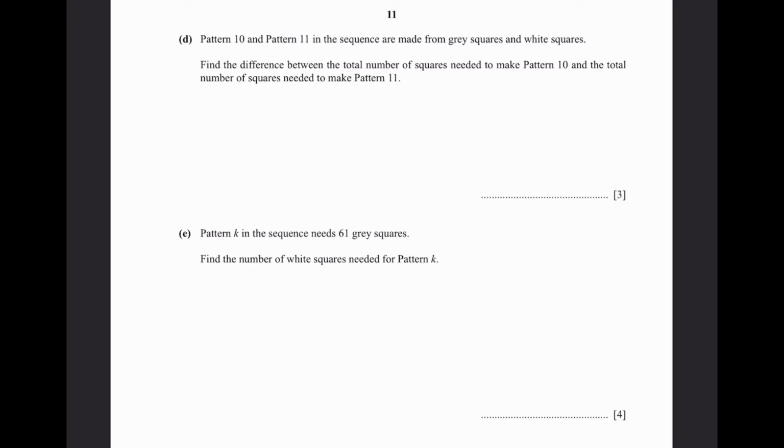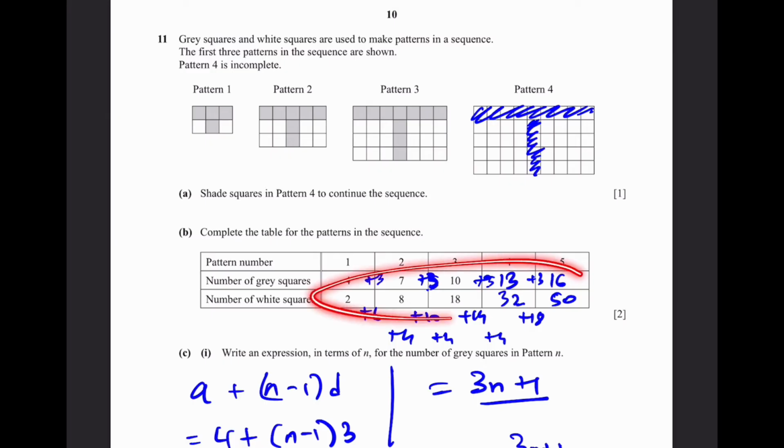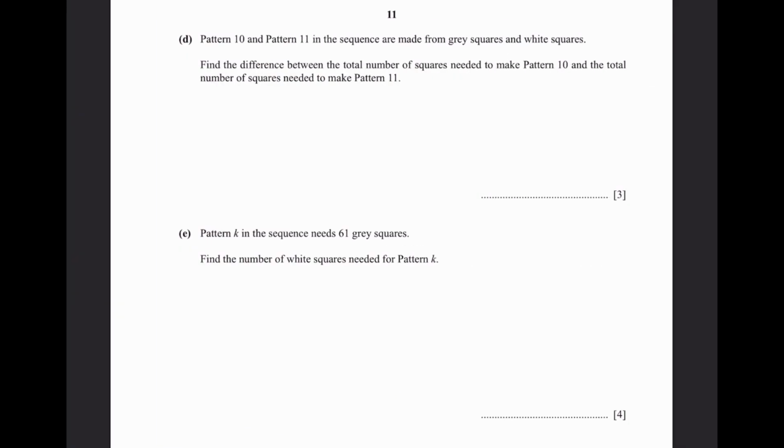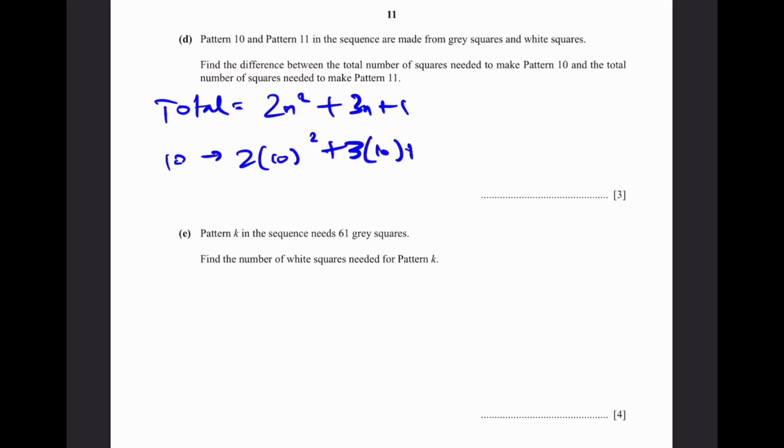Pattern 10 and 11 in the sequence are made from gray and white squares. Find the difference between the total number of squares needed to make pattern 10 and 11. So the total number of squares will be adding these two sequences together. And the total is going to be 2n squared plus 3n plus 1. Now for pattern 10, this will be 2 times 10 squared plus 3 times 10 plus 1.